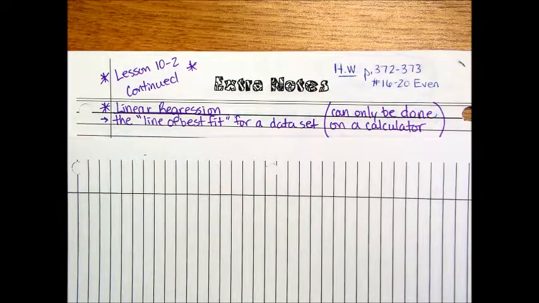So back in lesson 10.1, we got out our little handy dandy clear rulers and we practiced drawing lines of fit that went through the middle of the scatter plots the best that we could draw them by hand as humans. But we said, if we weren't doing those all together, we would all very likely draw very different lines because we couldn't technically determine the best line just by using hand and eye coordination.